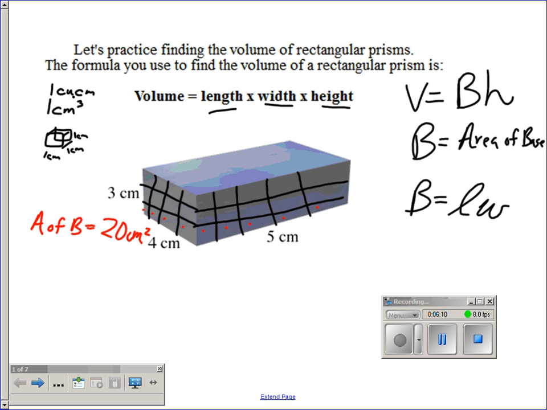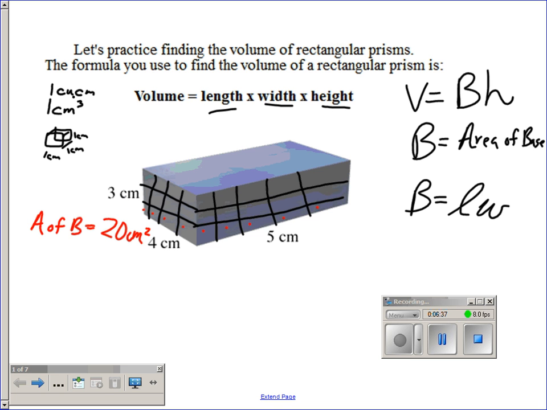So yes, 4 times 5 times 3 works, but you're going to get questions that will say, if the area of the base is 20 square centimeters, what is the volume? And you'd have to find the height. Or they'll give you the volume of 60 and say the area of the base is 20 centimeters. How high is the building?